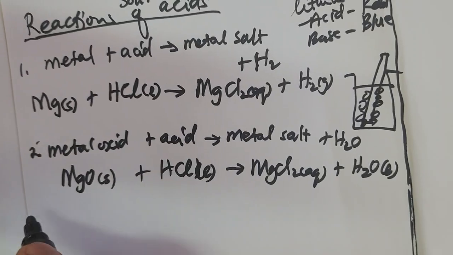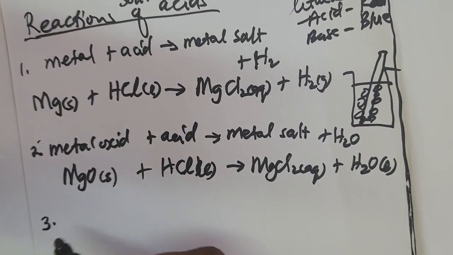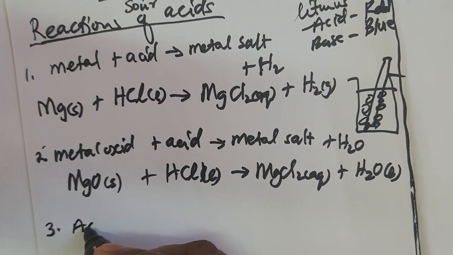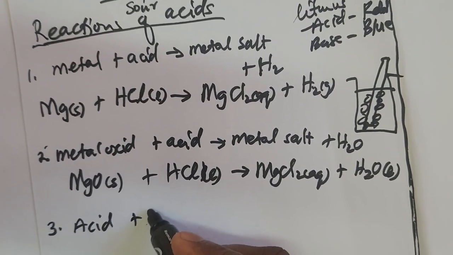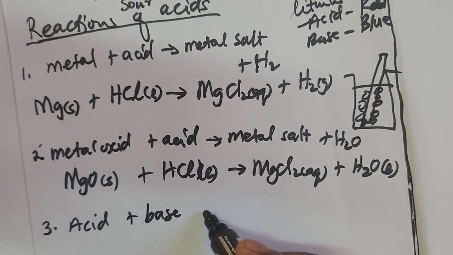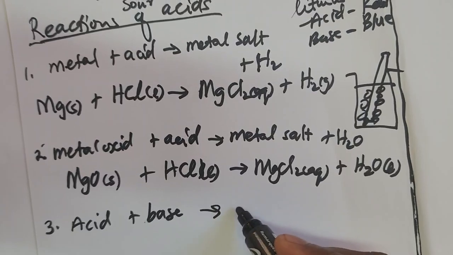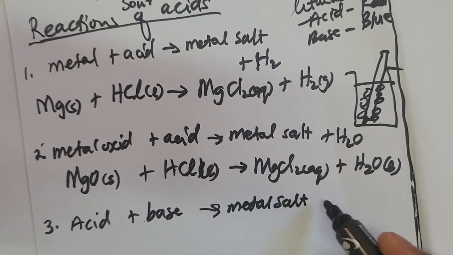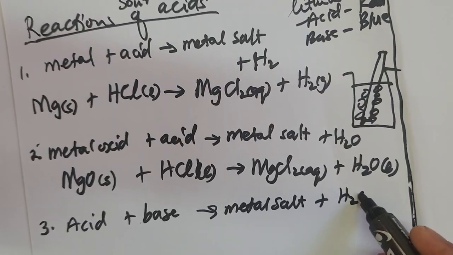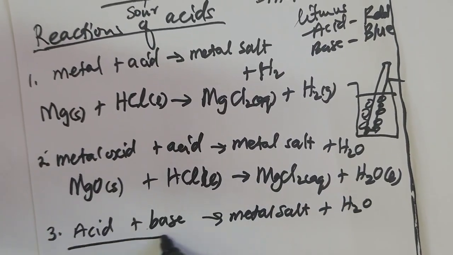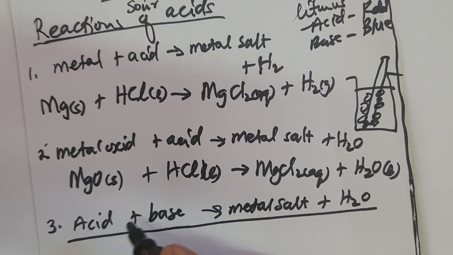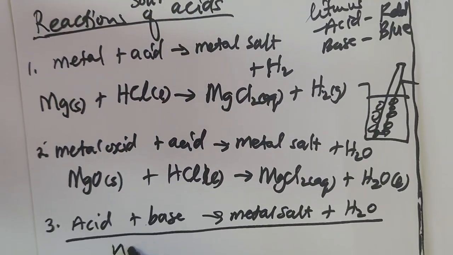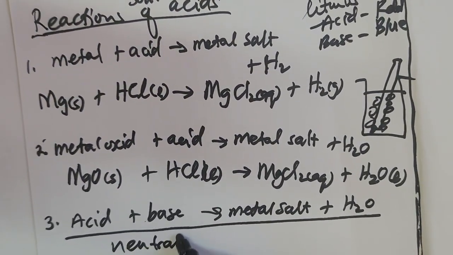The most important reaction in this section is this one that follows: when an acid reacts with a base, it forms metal salt plus water. Why is this important? Because this is what we are dealing with in this section. We are reacting acids and bases, and this is called neutralization.